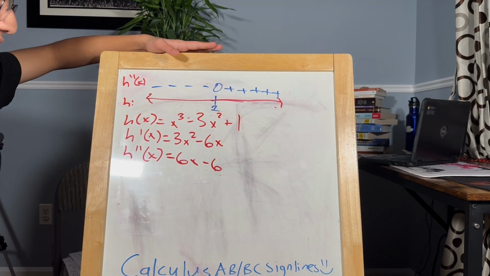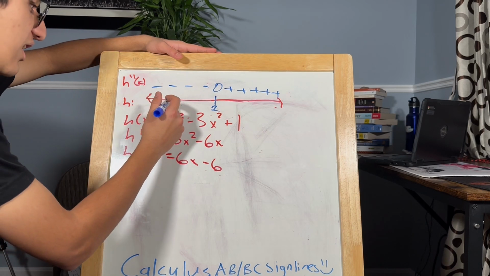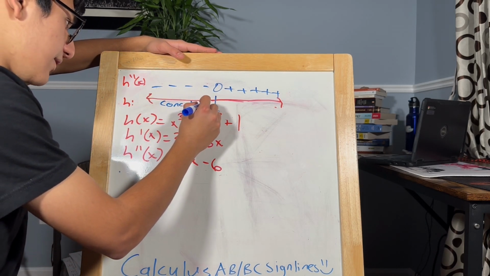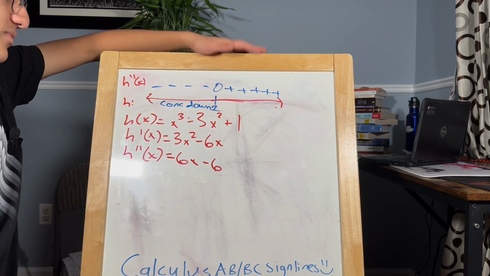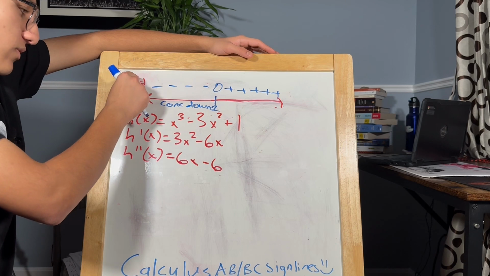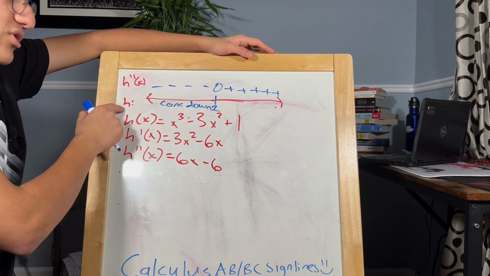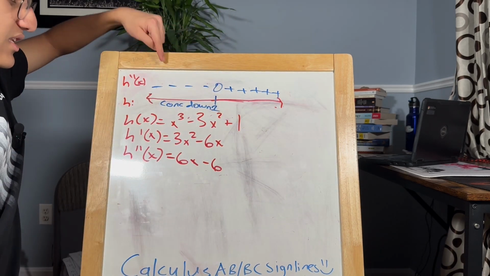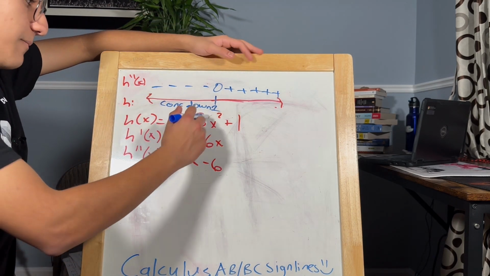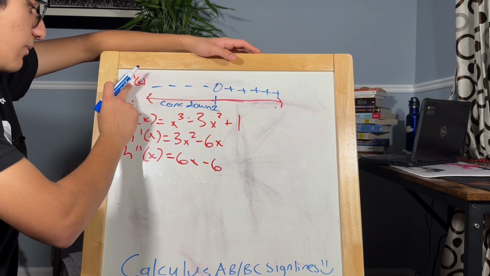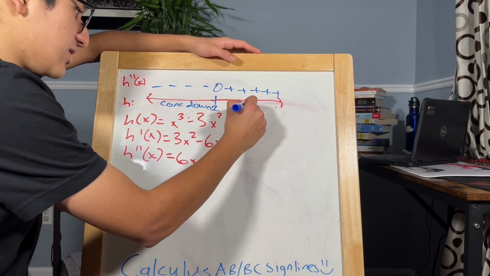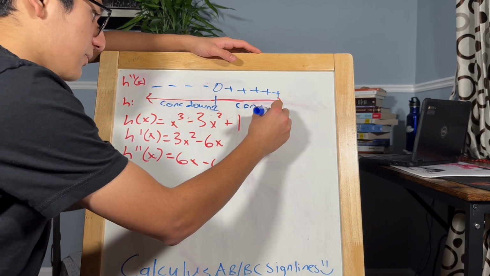If the second derivative is negative, so h double prime of x is negative, therefore h of x is concave down. When h double prime, the second derivative, is positive, the function is concave up.